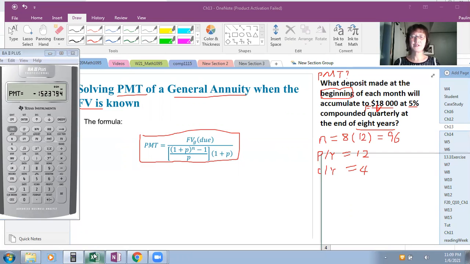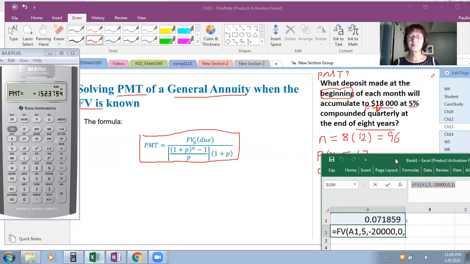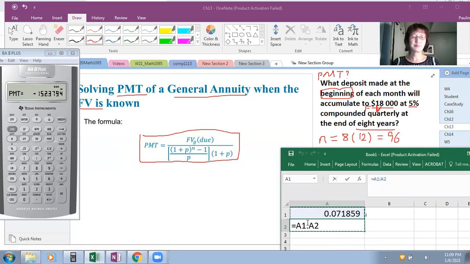Now let's use Excel. To use Excel, you need to calculate P, the equivalent rate per payment period, P. Okay, I'll move over.